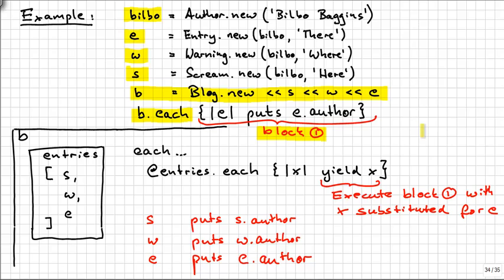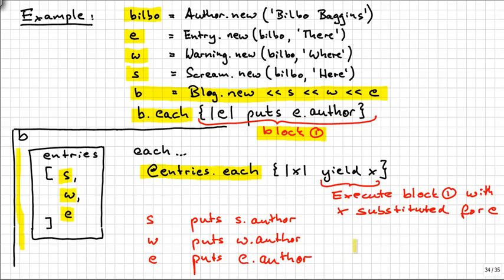Now internally, what you see is inside of the blog object, we have the entries array here, and in it we have the scream, the warning, and the regular entry. And now we can iterate over each of the entries, and we yield control back to block 1.